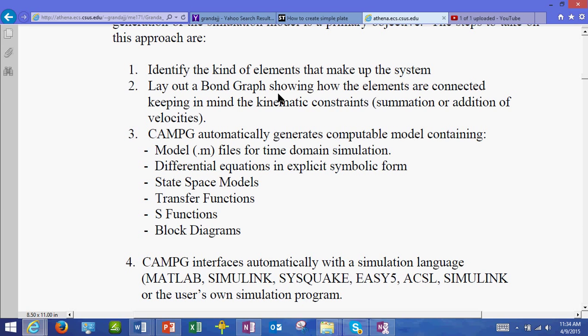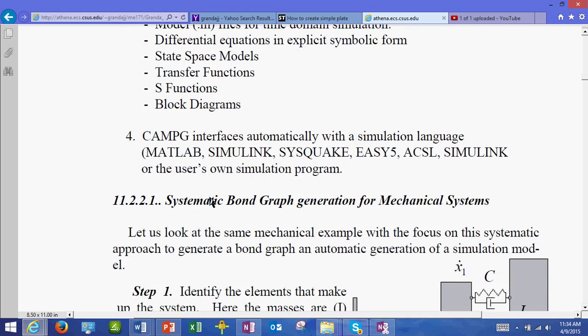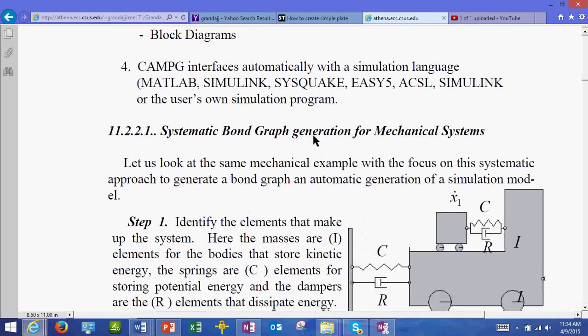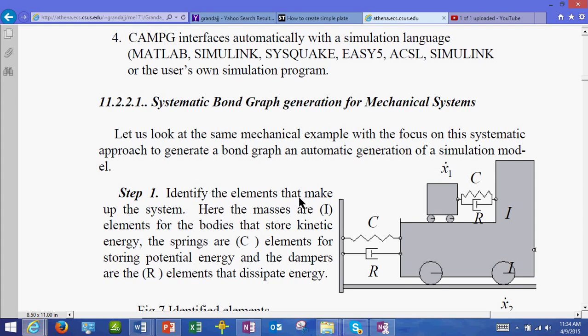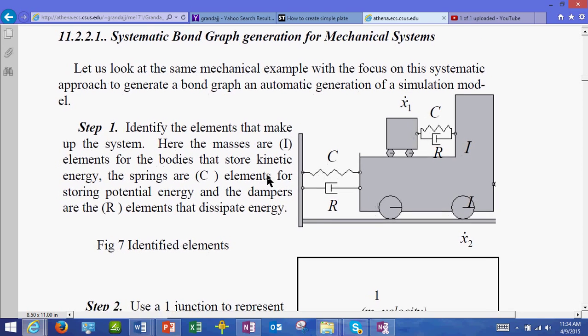Lay out a bond graph showing how the elements are connected, keeping in mind the constraints. And then CAMG would generate automatically the differential equations of the system, the state space models, the functions, and you can also do the block diagrams from those equations that CAMG produces. So what do we do here? This is the heart of the chapter, but in this case applied to mechanical systems.